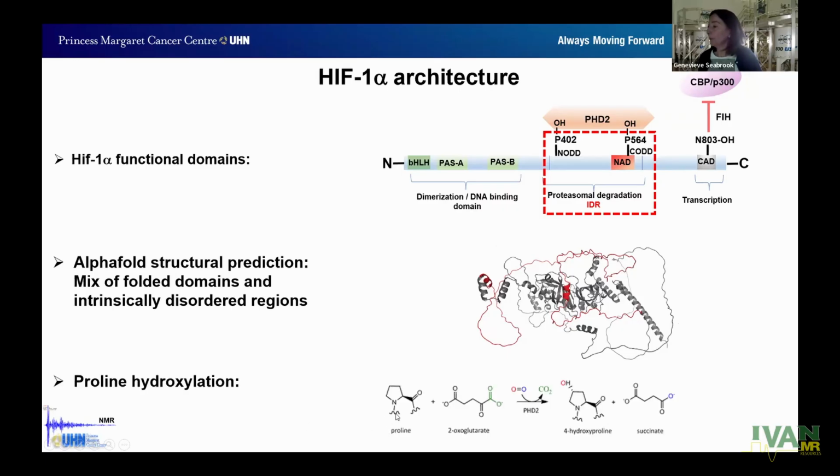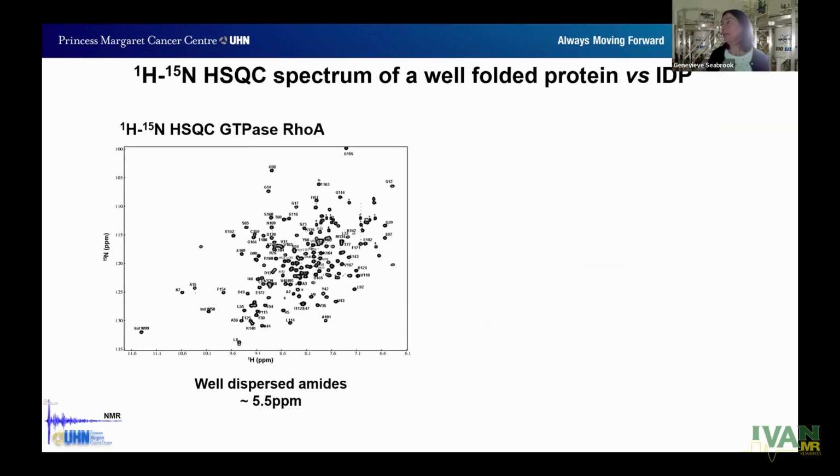And for the people interested in how the hydroxylation is happening, you've got your prolines, and then with the 2-oxoglutarate and in the presence of oxygen, the carbon gamma of that proline gets hydroxylated. So you can imagine that it can really change the environment of your protein if it's folded, but in this case, it's not.